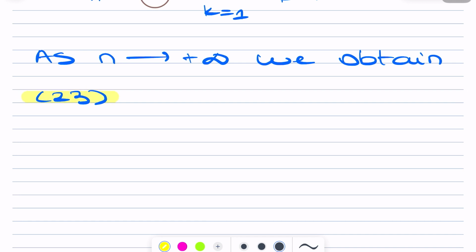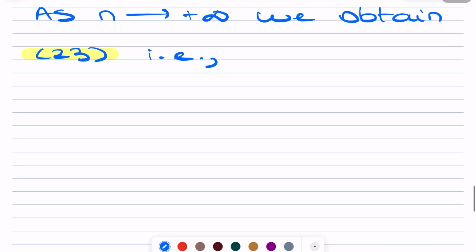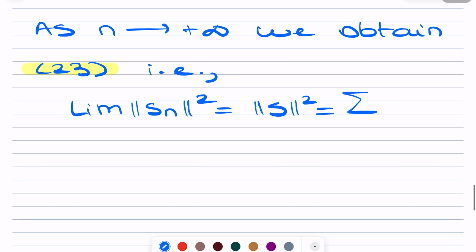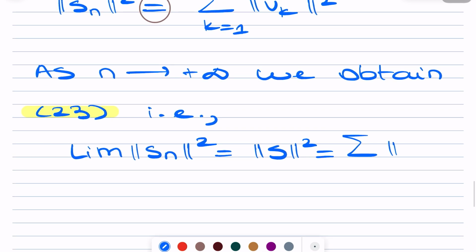Relation 23 was saying that the limit of the norm of Sn squared, which is exactly, since the norm is continuous, so you can put the limit inside, the norm of S squared, is therefore equal to the summation of the norm of Vk squared, k running from 1 to infinity.